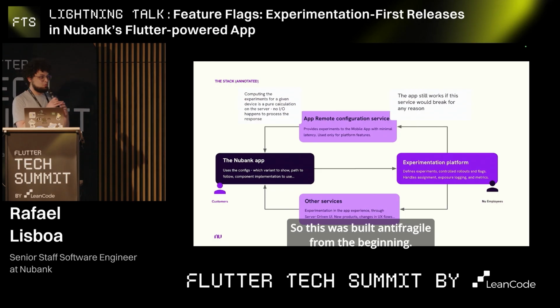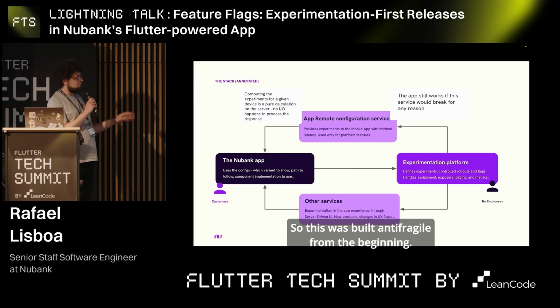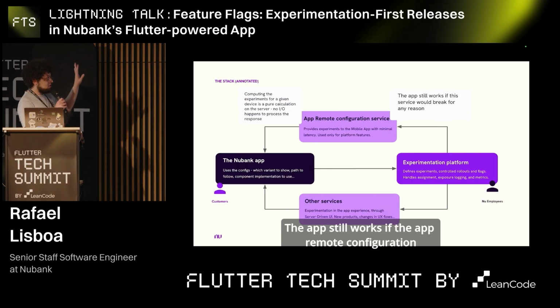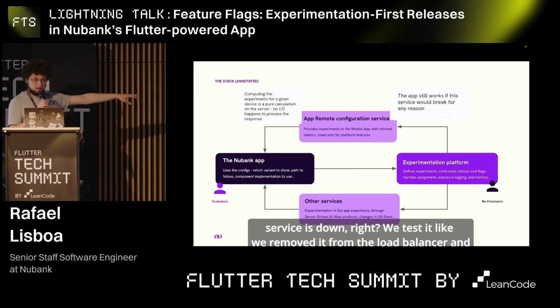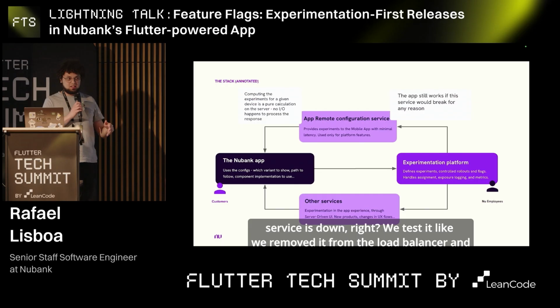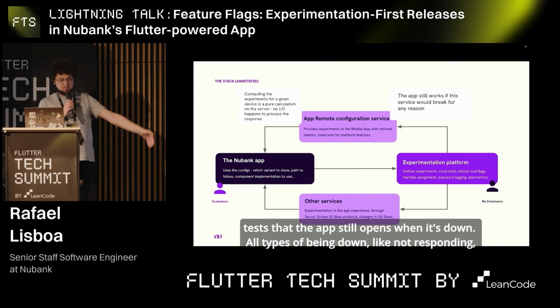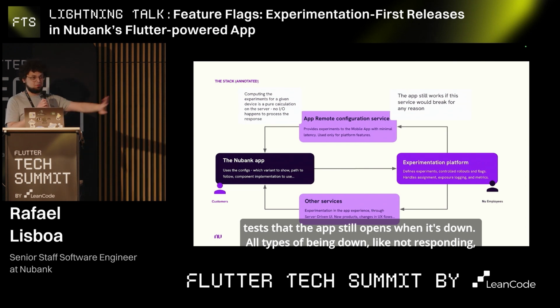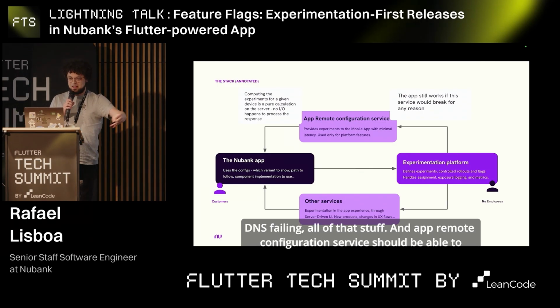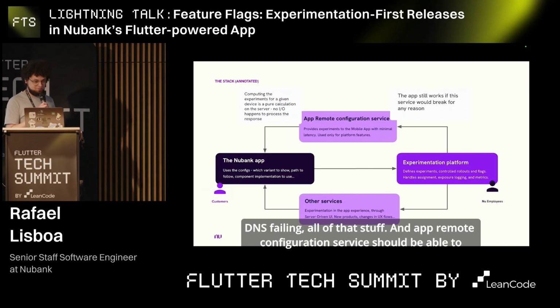So this was built anti-fragile from the beginning. The app still works if the app remote configuration service is down. We tested it: we removed it from the load balancer and tested that the app still opens when it's down. All types of being down, like not responding, DNS failing, all of that stuff.